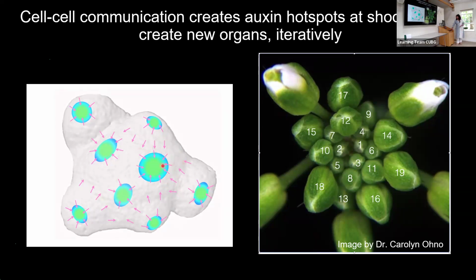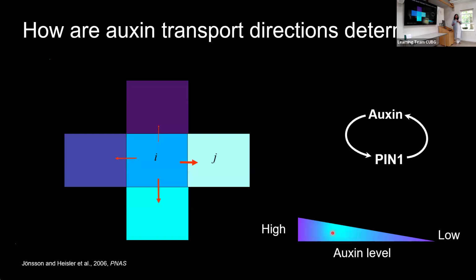And then from here, these organs emerge, like flowers. So the question that was very interesting to me was: how do plant cells decide where they have to guide auxin transport? How do they channel auxin transport to certain sites to create auxin hotspots from where new flowers or leaves will form?